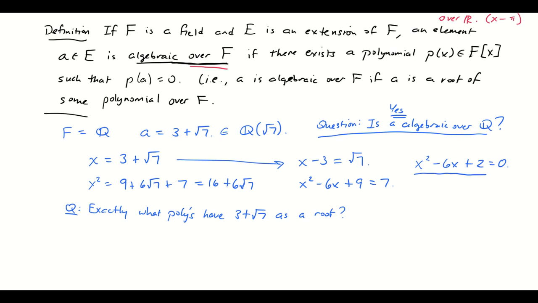Well, first of all, let's call this polynomial x squared minus 6x plus 2 f of x. So first answer is any multiple of f of x certainly will have 3 plus root 7 as a root.